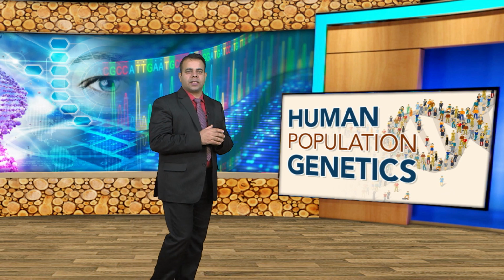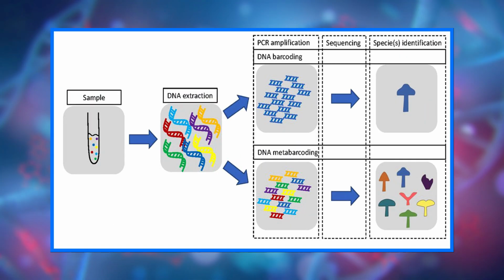Ecological genetics is an especially useful tool when studying endangered species. Metabarcoding and eDNA are used to examine the biodiversity of species in an ecosystem.